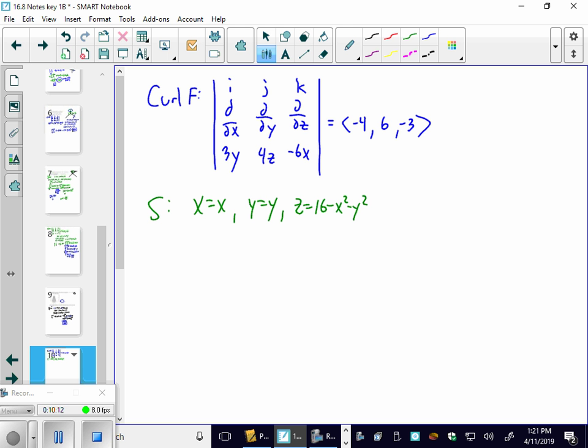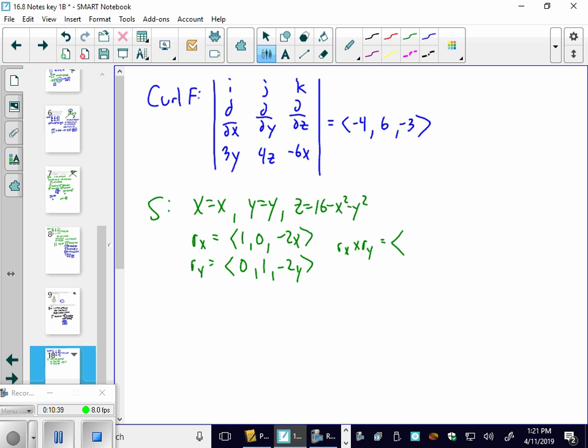So the partial with respect to x is going to be 1, 0, negative 2x. The partial with respect to y is 0, 1, negative 2y. And then we need to cross those to get our normal vector.